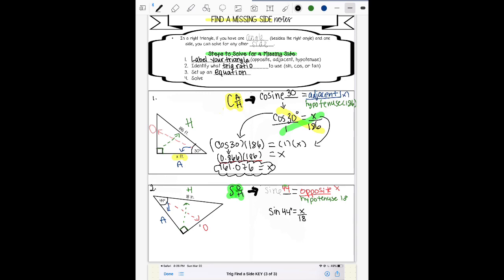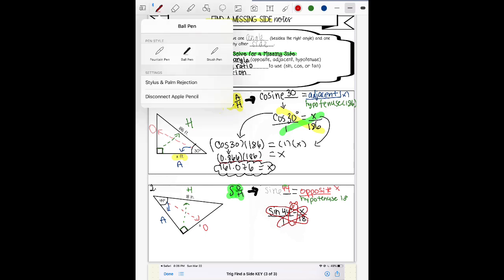And again, it's like solving proportions. I'm going to make the sine of 44 into a fraction by just putting it over 1. And remember your butterfly method. Cross multiply. I'm going to do the butterfly for you just in case you were missing it. There it is. And I'm going to do the work on the side.